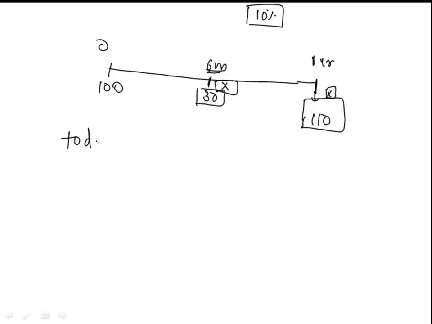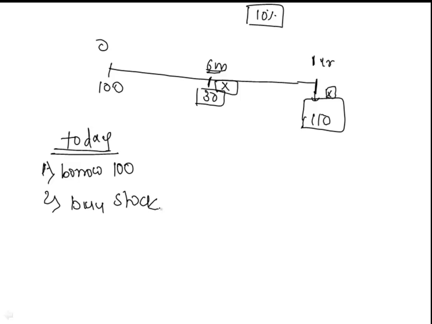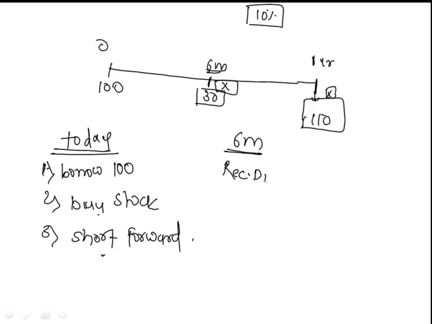So how is the arbitrage opportunity available? What I will do today is that I will borrow 100, I will buy a stock, and I will enter into the short side of a forward contract. 6 months from today, not at the expiry, 6 months from today, I will receive a dividend of 30 because I have the stock now.